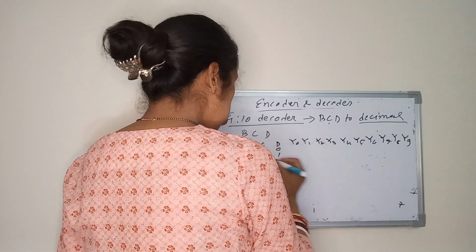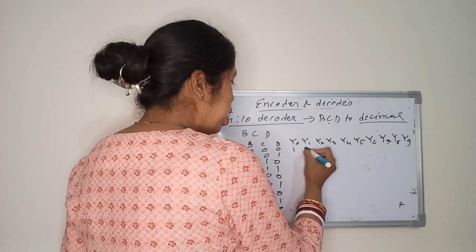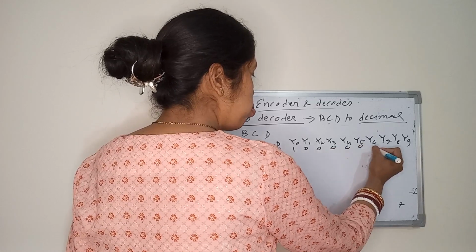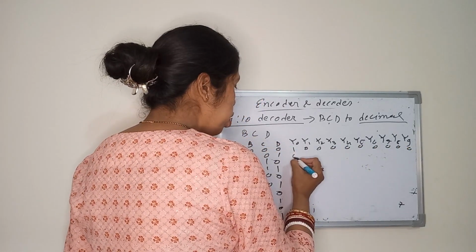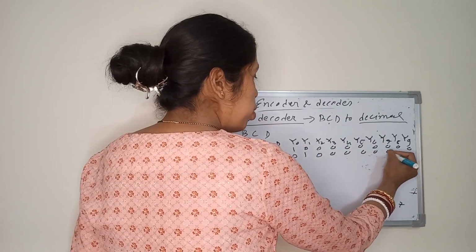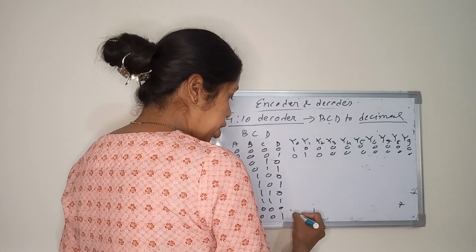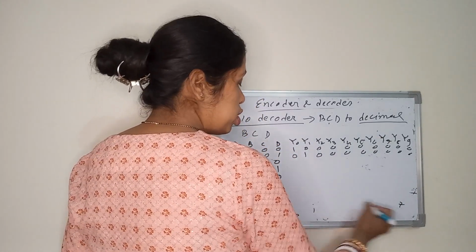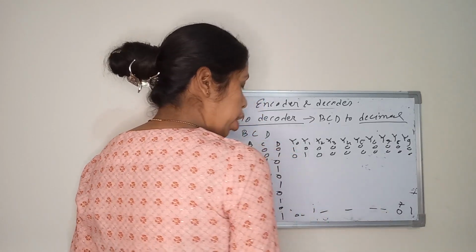If I am giving 0000, only my Y0 will be 1. All other outputs should be 0. If I am giving 0001, only Y1 should be 1 and the other terms should be 0. In this way, when I give 9, which is 1001, all other terms should be 0 and Y9 should be 1.